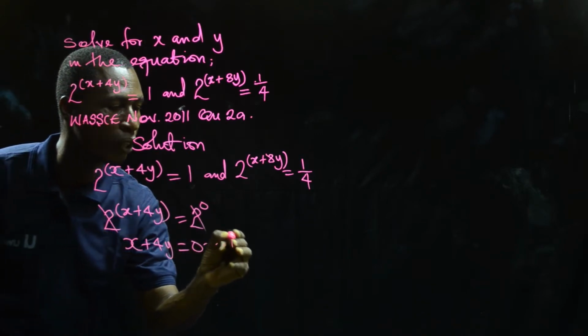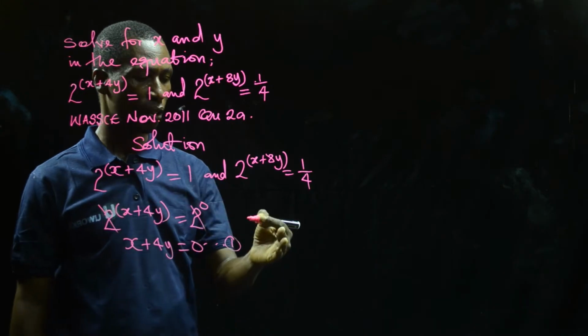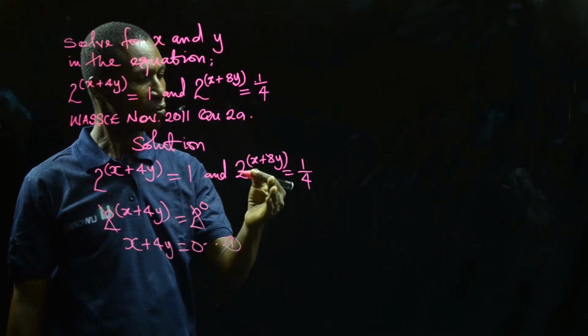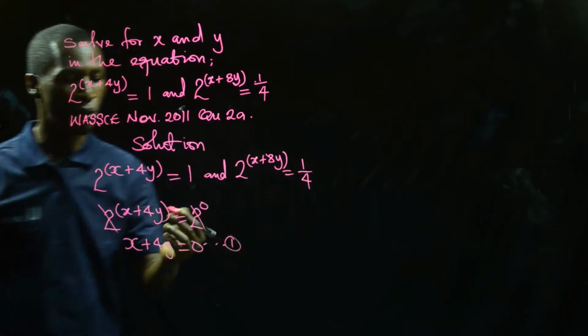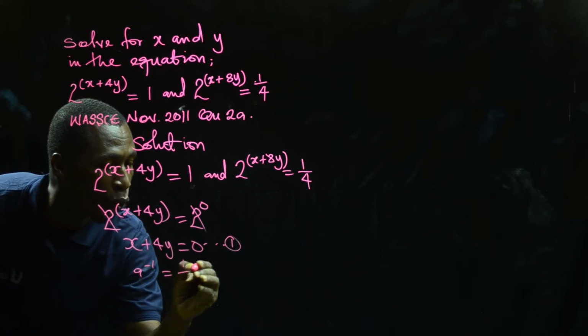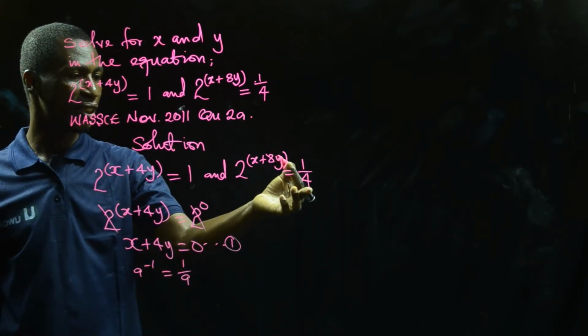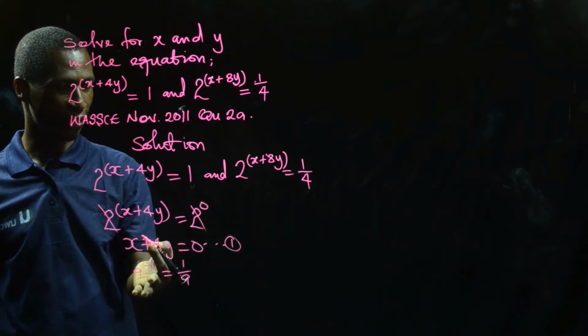This is equation 1. Then I come to the second part. This section 2, I can just reduce it in such a manner that we know that a to the power negative 1 is the same as 1 over a, then expressing 1 on 4 in a linear format, it has to go in this format.